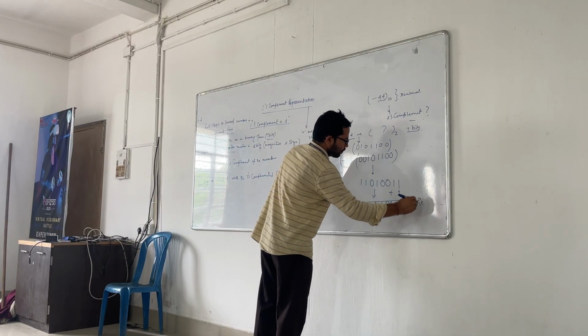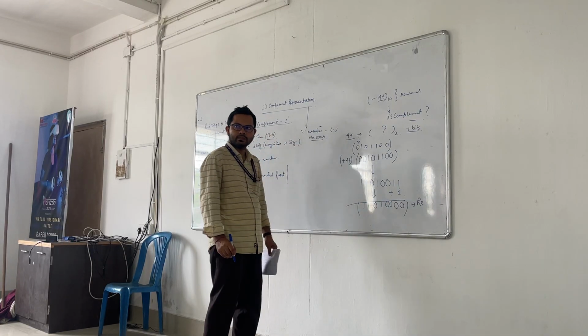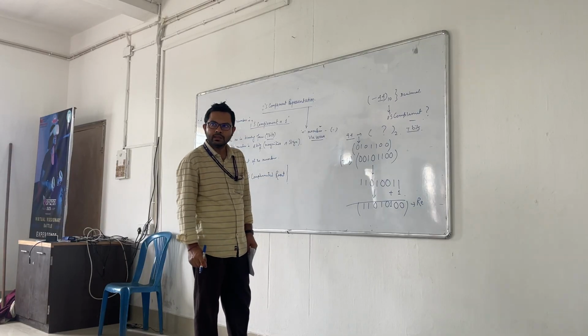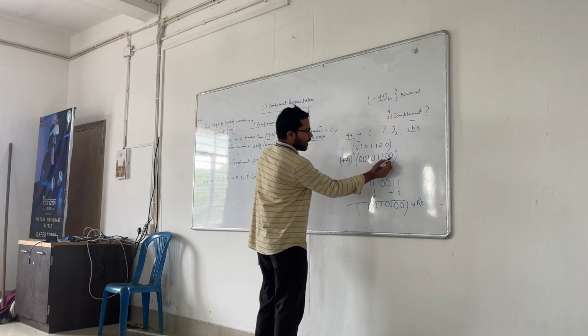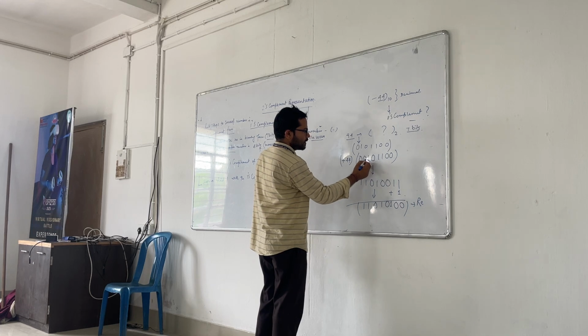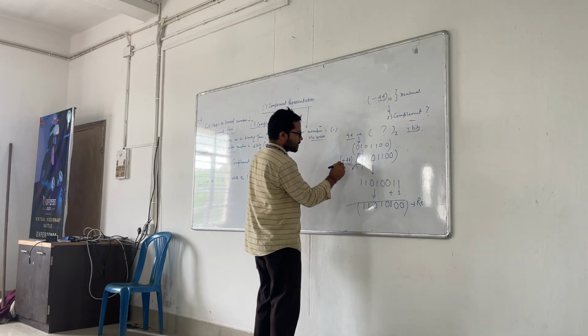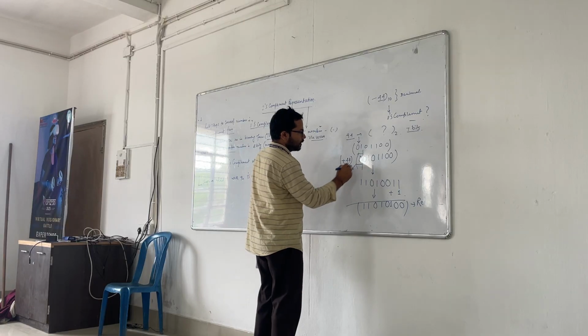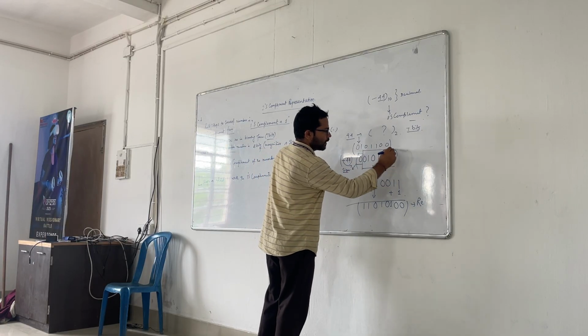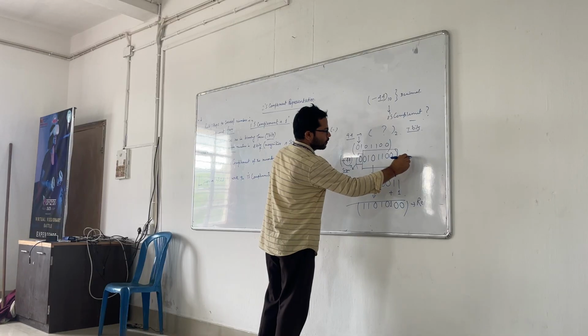So in this result, one bit is reserved for sign notation, and 7 bits are reserved for magnitude.